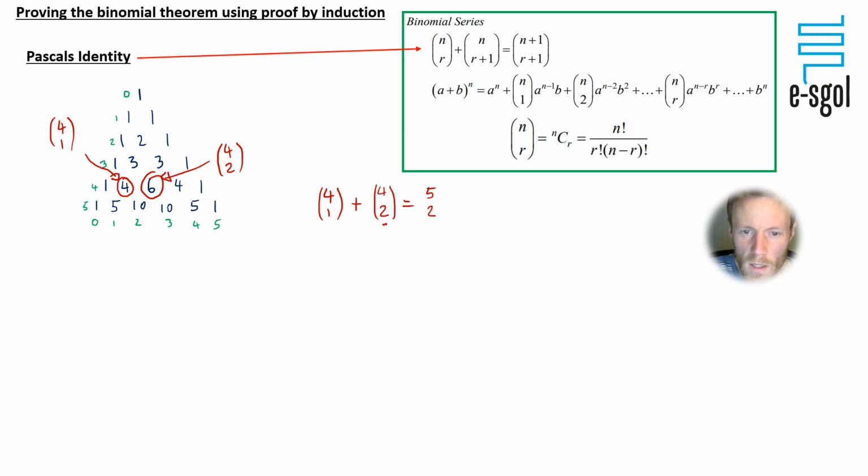This number here should be the same, so I should get 5, 2. Let's just see what happens there. So 4, 1 is the number 4, 4, 2 is the number 6, and where do I get taken to? I seem to get taken here, 5, 2, which does equal 10.